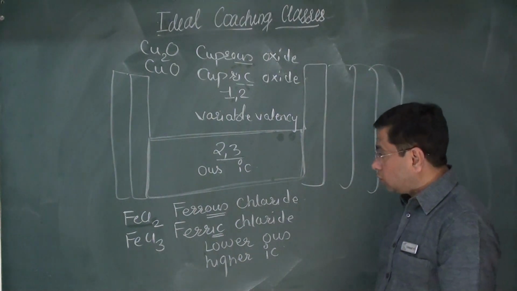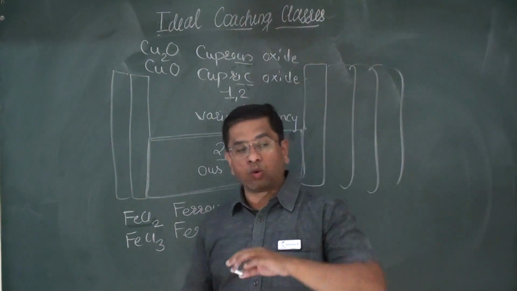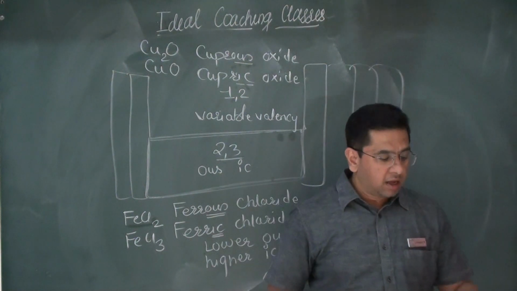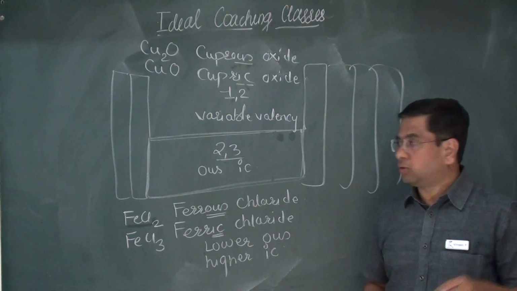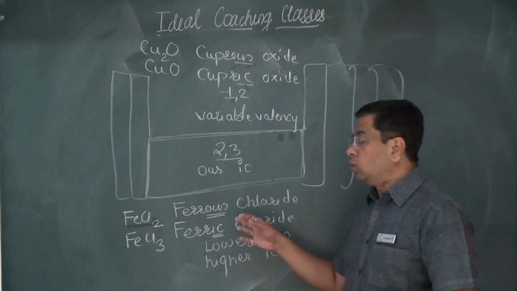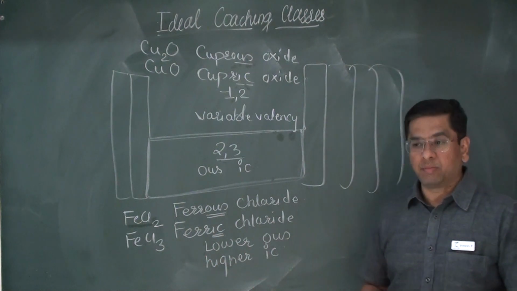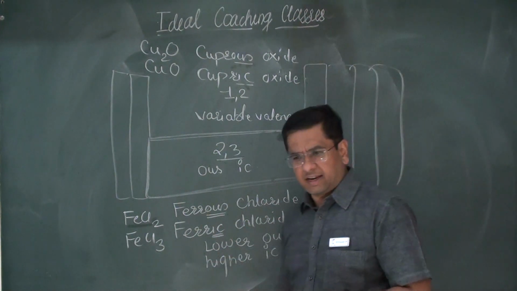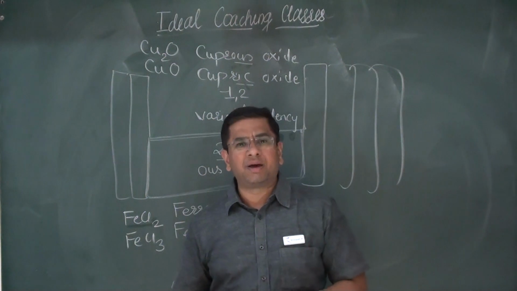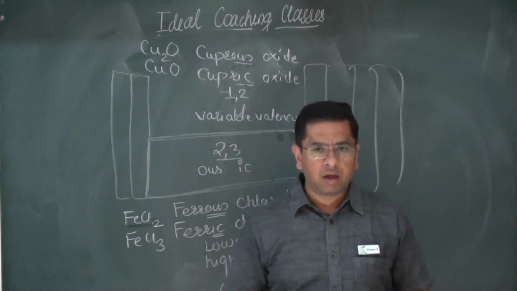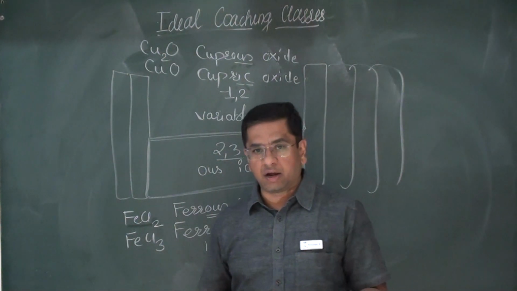Fine. Now the question I had asked you. A sub question is that you have to find out certain compounds with OUS and IC names. Just as an example, one is mercurous chloride and mercuric chloride.